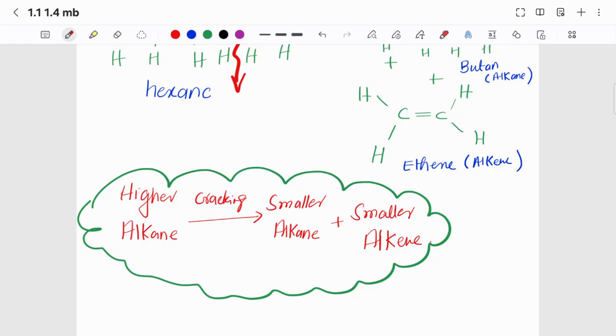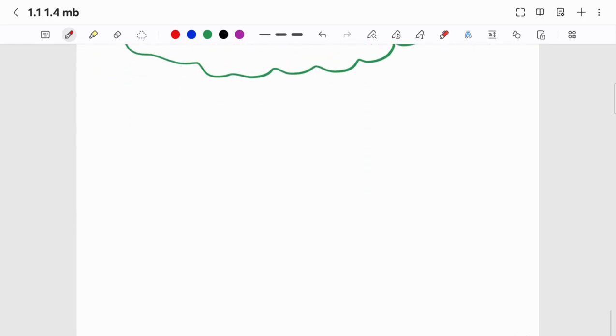Let me write another equation for the same molecule. So I'm again going to take hexane like this. Let me complete its hydrogen number.